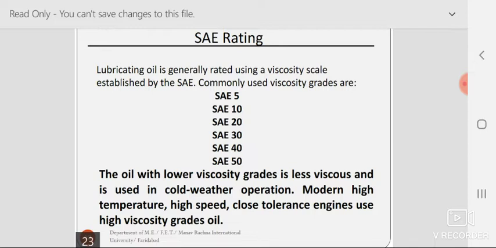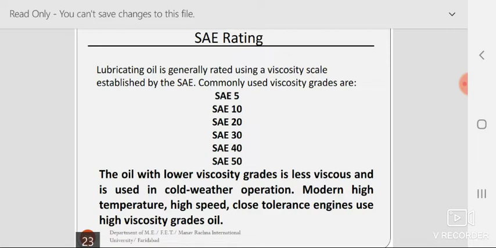That means in the modern case, what happens? The engine is running generally at higher speed. Engine running at higher speed means the temperature of the engine is high. So you need to decrease the friction in the piston cylinder arrangement. To do that, you have to use lubricating oil of higher viscosity, because higher viscosity has a higher film strength and it decreases the friction.